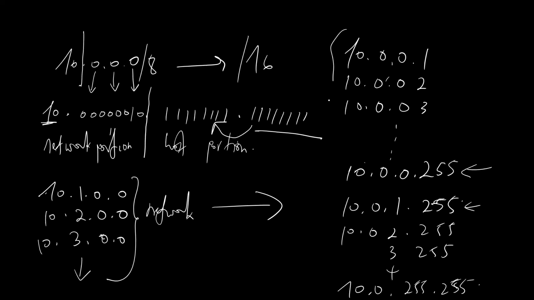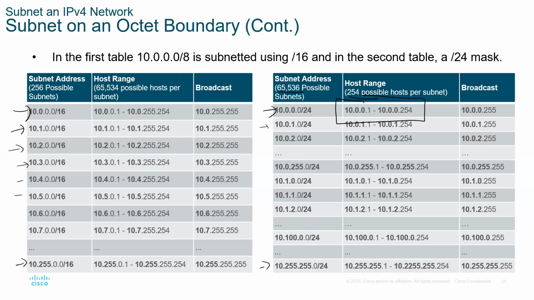And that's where we are getting the range of addresses that we can use. So if you look at the table, this is where these addresses are coming from, right? These addresses, the range from .1 to .254. The last address is 255, where we have all ones. When we have all ones on our host portion, it's now called a broadcast address.